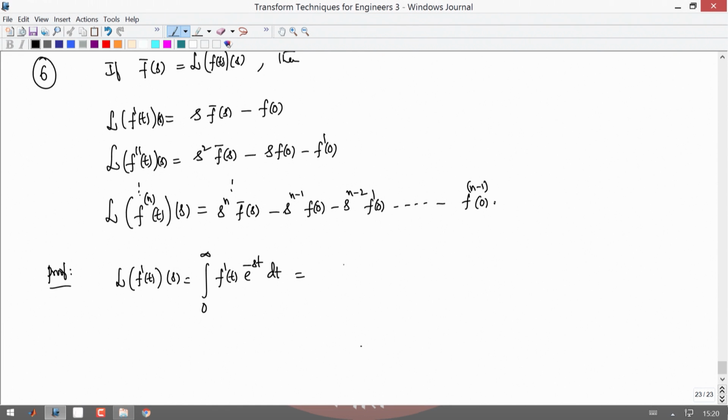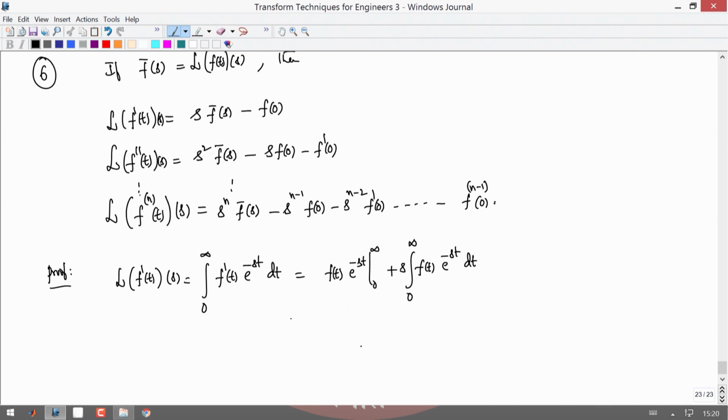Do the integration by parts: f of t times e power minus st from 0 to infinity minus integral 0 to infinity f of t times the derivative of e power minus st. You differentiate with respect to t, s comes out with a minus, and that minus makes it plus.